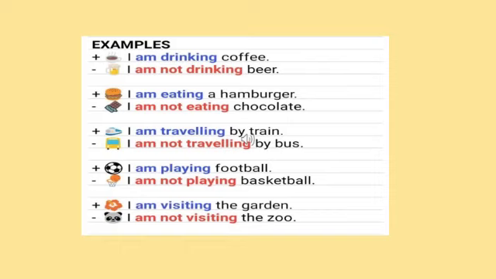I am traveling by train. I am not traveling by bus. I'm playing football. I'm not playing basketball. I am visiting the garden. I'm not visiting the zoo.